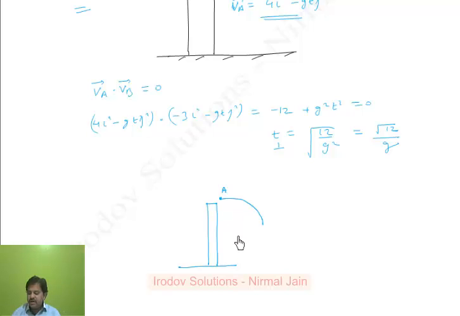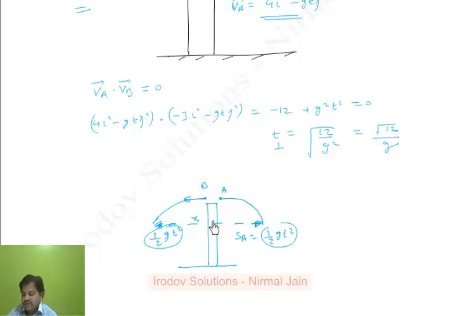The displacement of particle A in the downward direction is simply half gt square, and the displacement of particle B in the downward direction will also be half gt square. So we can easily say that these two particles, because they are projected at the same time, will always remain at the same level. Only the x distance between them will keep on increasing, because gravity is bringing both of them down equally, half gt square, in time t. So the distance between them will increase only in the x direction.